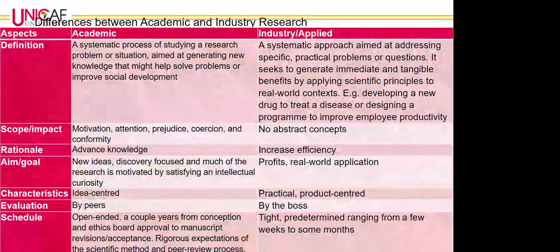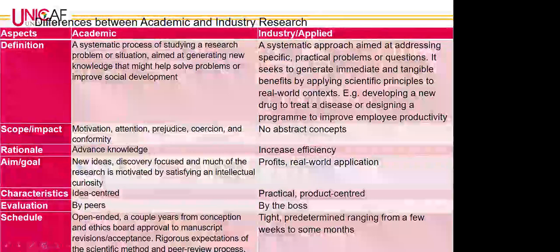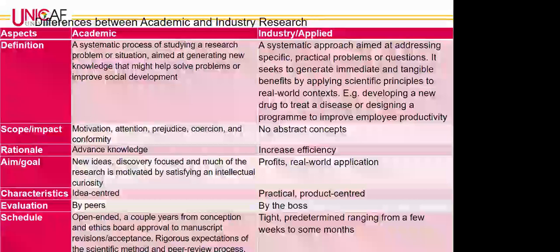Now, you might need to know the differences between these two. In terms of academic research, this is a systematic process of studying a research problem or a situation and aimed at generating new knowledge that might be used to solve problems or improve social life.